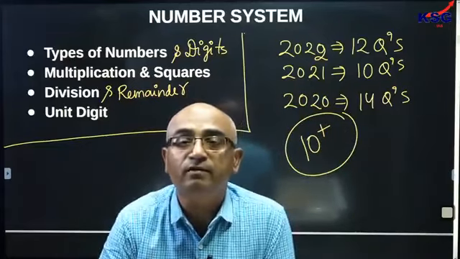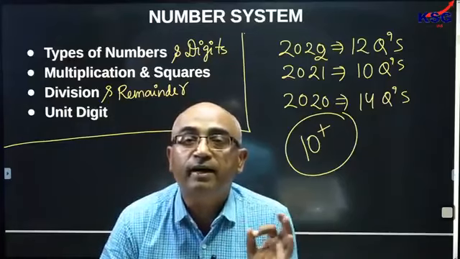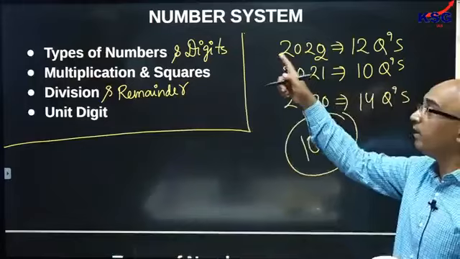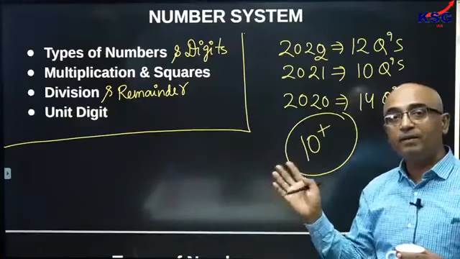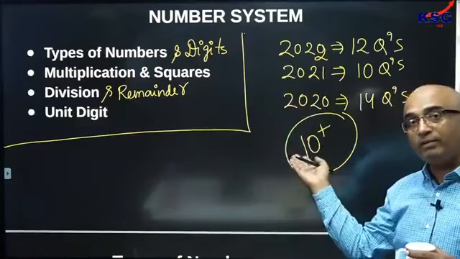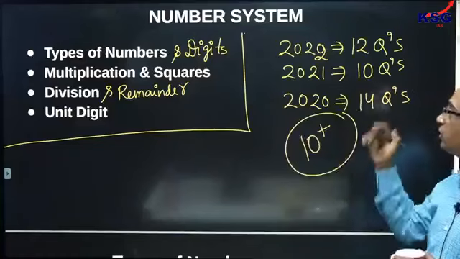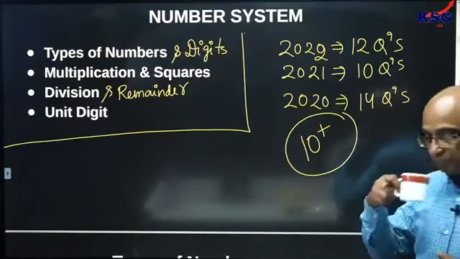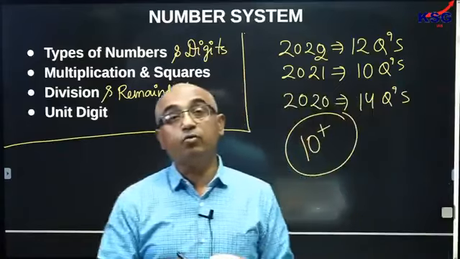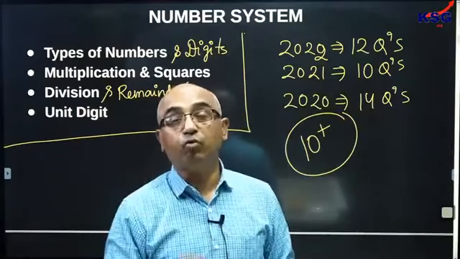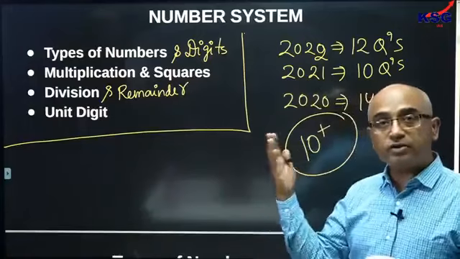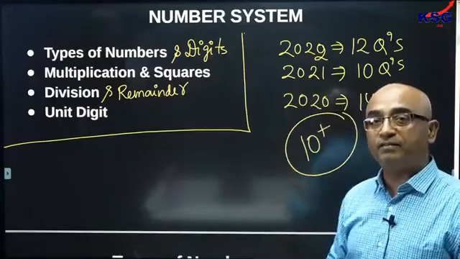Basic numeracy means maths related to numbers, and the chapter name is also number system. Number and basic numeracy are the same, that's why lots of questions every year. So 10 plus questions minimum appear. Very, very important, and also this is a foundation. First chapter of maths, foundation of maths.